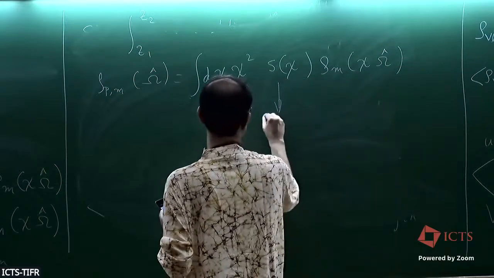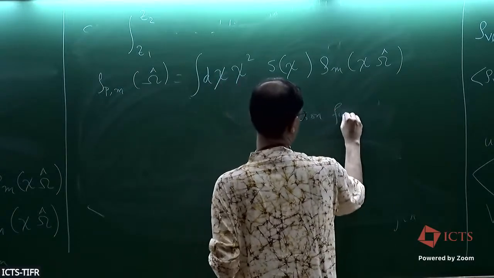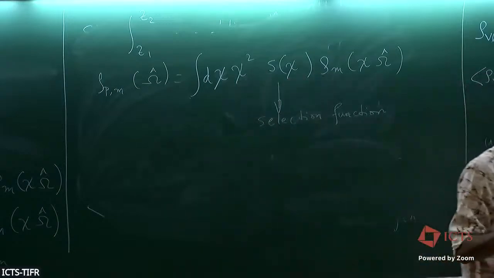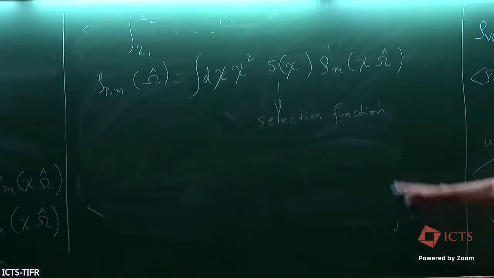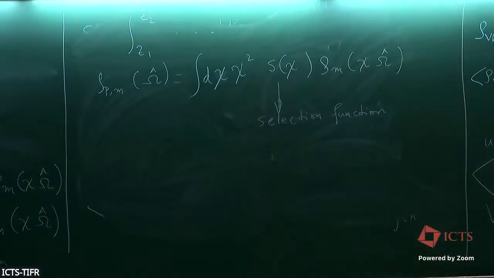This will be your selection function. This basically captures the probability of finding an object at that distance.